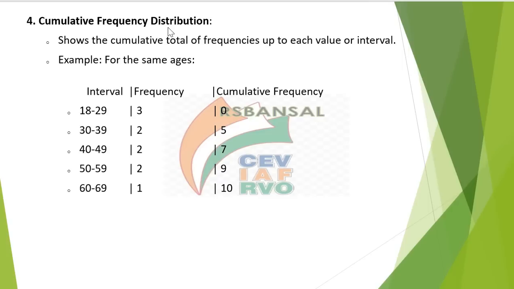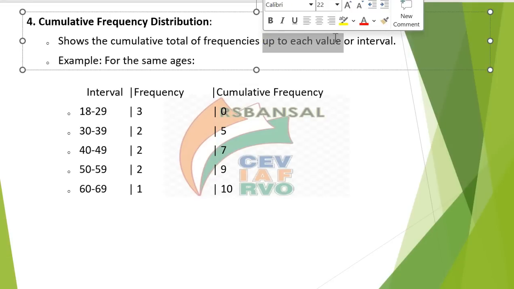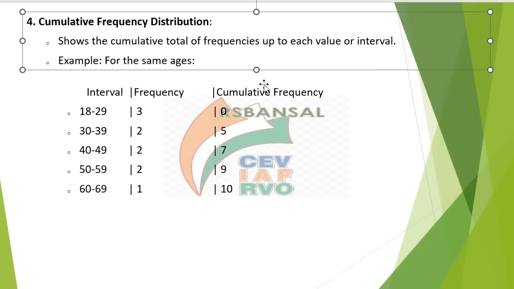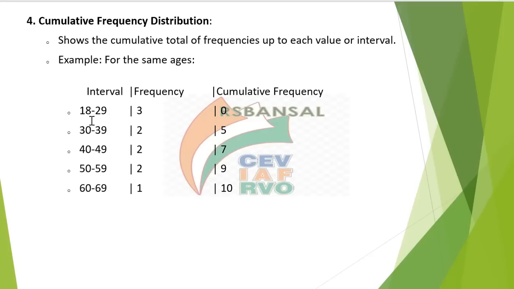Next is cumulative frequency distribution. What you do is it shows the cumulative total of frequencies up to each value or interval. See here, for the same ages we have done this: for the interval 18 to 29 the frequency was 3, but the cumulative frequency before it will be 0.